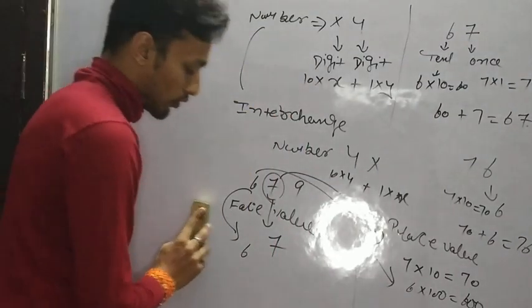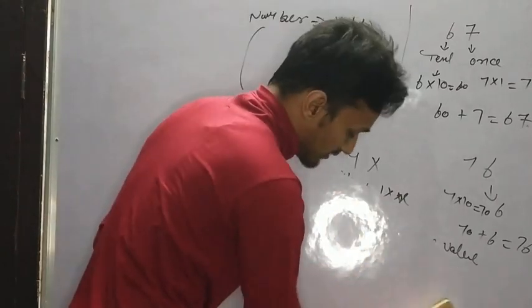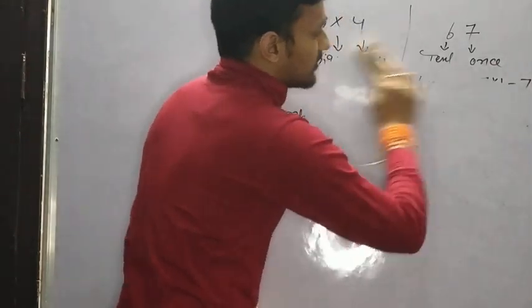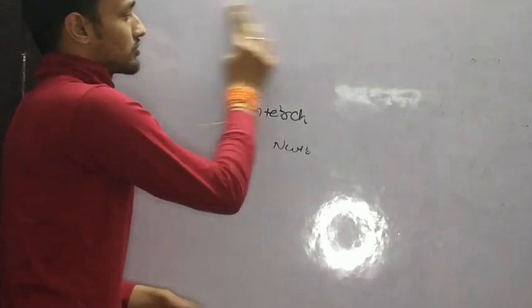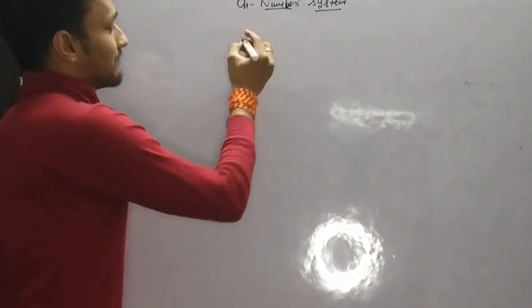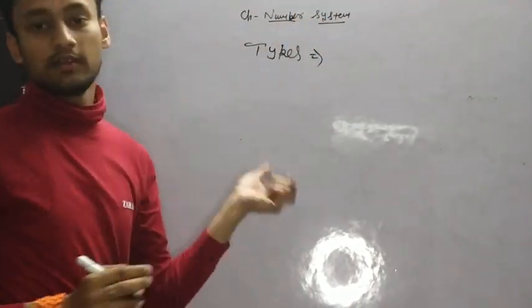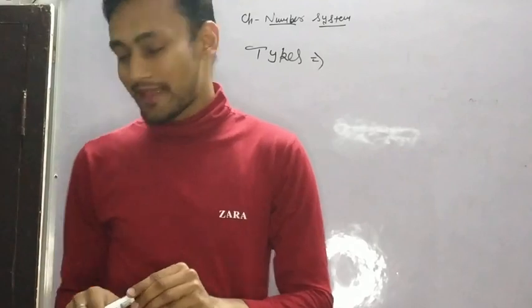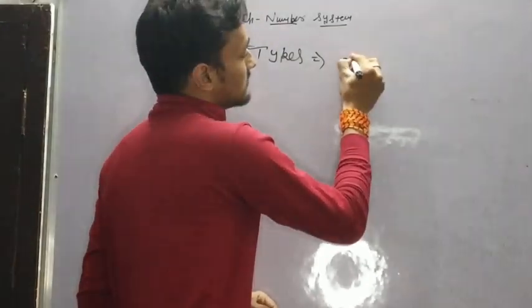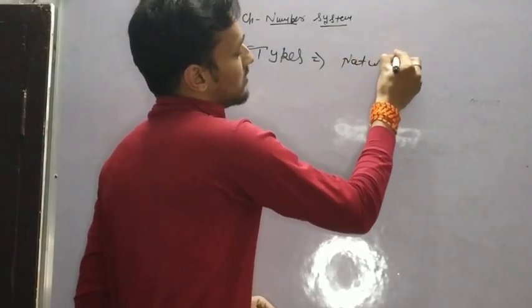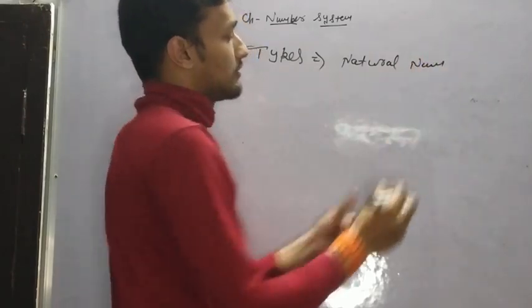Let us go to the next level. The next level is an introduction to the types of the number system. Some types are there in the number system. The first is natural numbers.